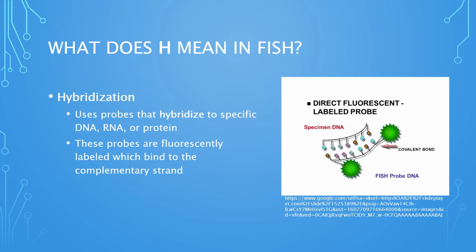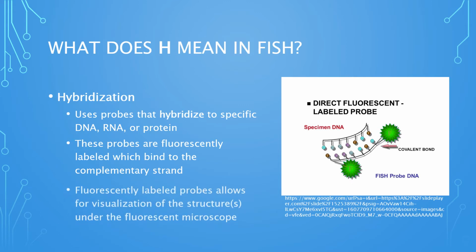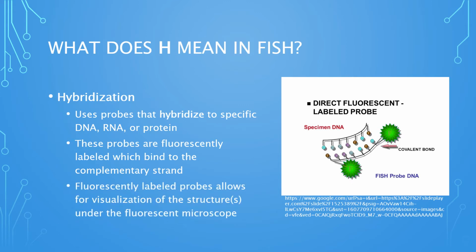In the image to the right, you can see a fluorescently labeled FISH DNA probe which hybridizes to the specific section of the DNA that's being analyzed. These fluorescently labeled probes are then visualized under the microscope, and this allows for the visualization of the specific cellular structures.